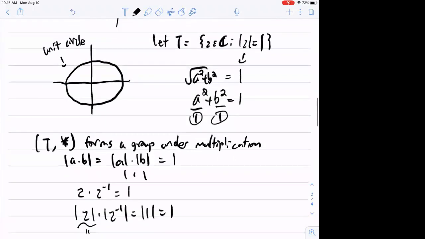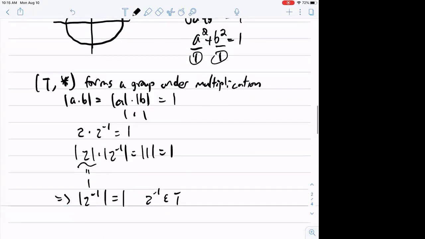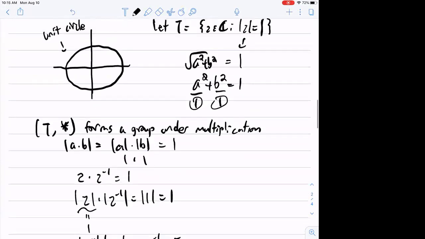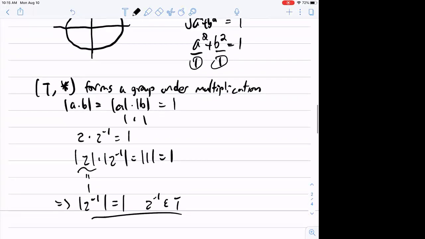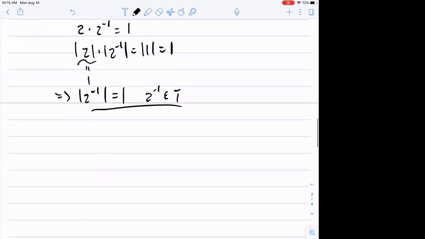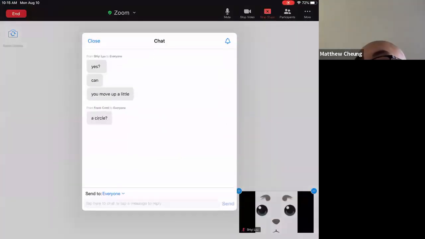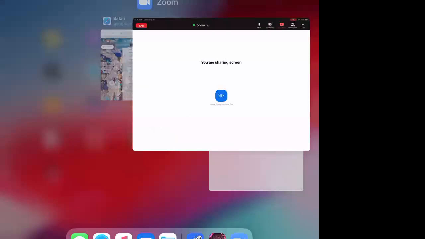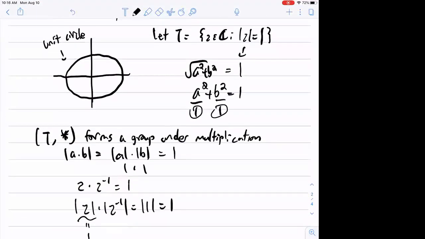Hopefully associativity is easy, the identity element is 1, and this shows your inverse belongs to your group. So this is a group under multiplication. Everyone clear? Yeah, it's a circle. Unit circle, to be more precise.